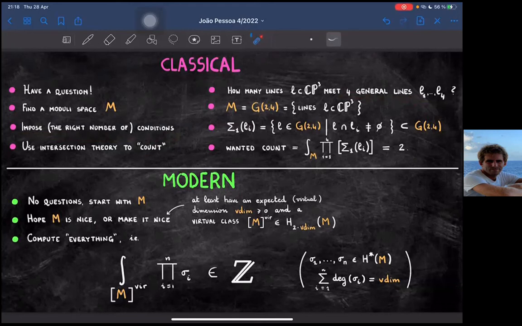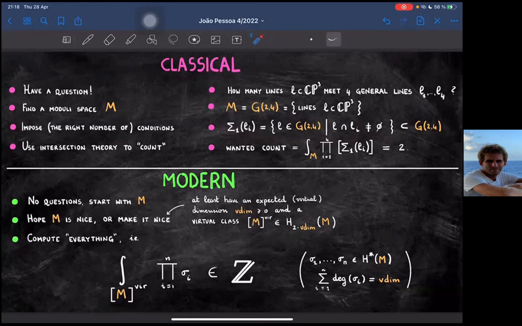So I focus on sub-manifolds of my moduli space, which describe these incidence conditions. So I took, for example, in this case, the set of lines which meet one of my general lines.